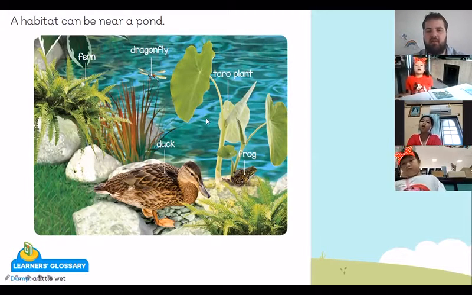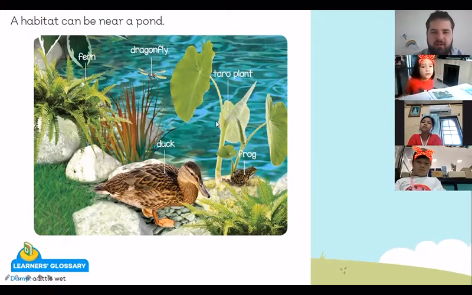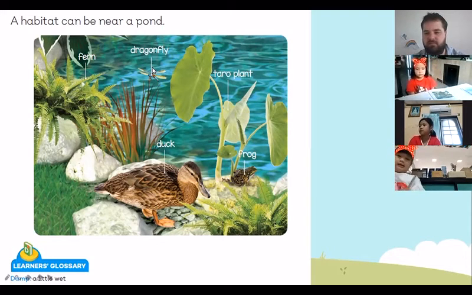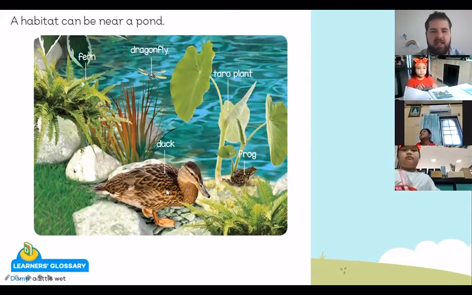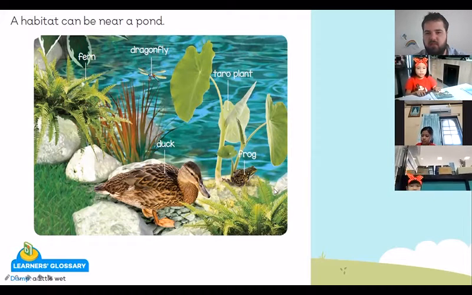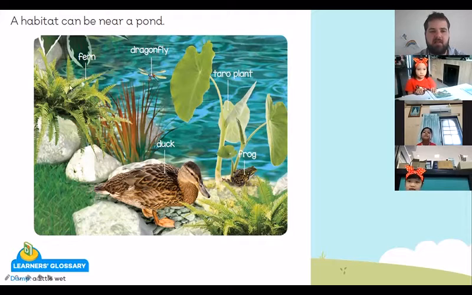Taro plant. Very good. So let's go over our animals one more time. We have dragonfly, duck, frog. Our plants, fern, taro plant.